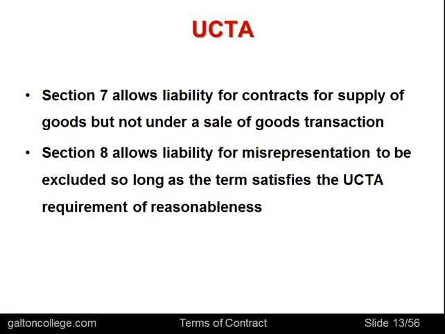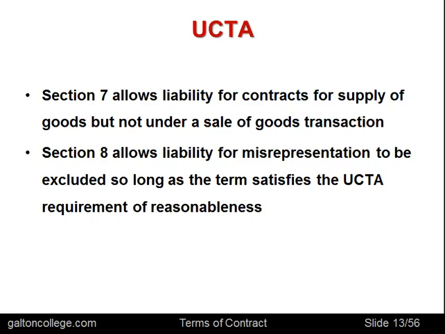Section 8 allows liability for misrepresentation to be excluded so long as the term satisfies the Unfair Contract Terms Act 1977 requirement of reasonableness. So misrepresentation may be excluded if it's deemed to be reasonable.